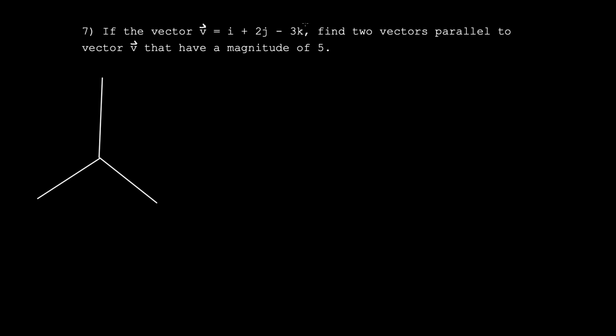Now, the basis i, j, and k vectors represent unit vectors pointing out from the origin. So this would be the vector i. This would be the vector j.